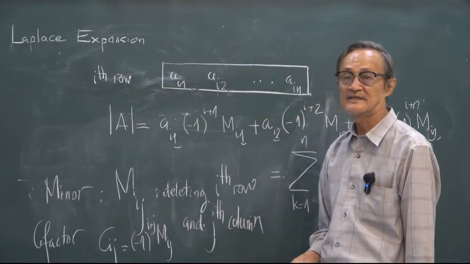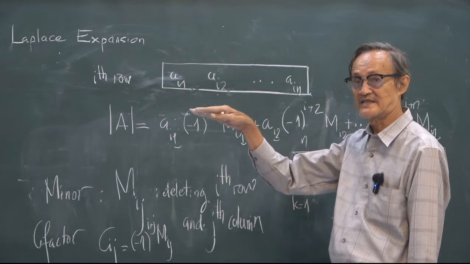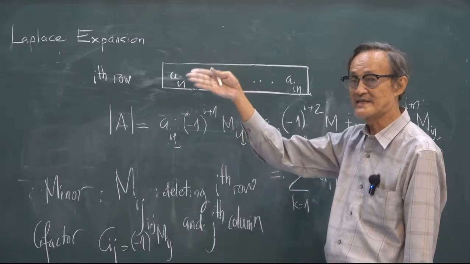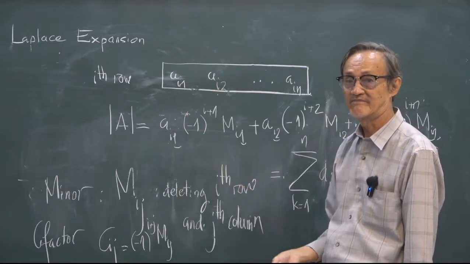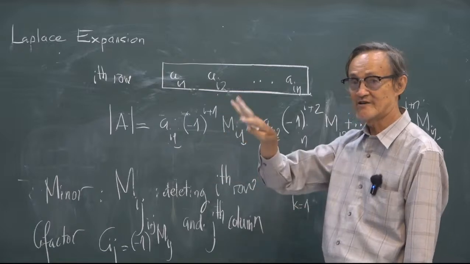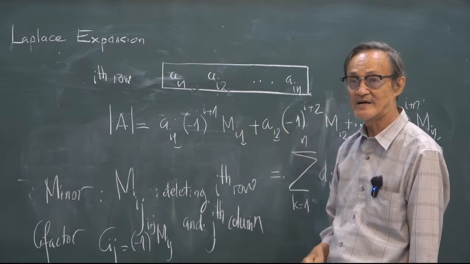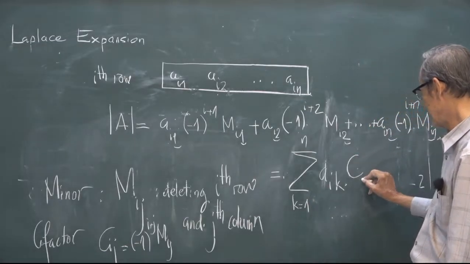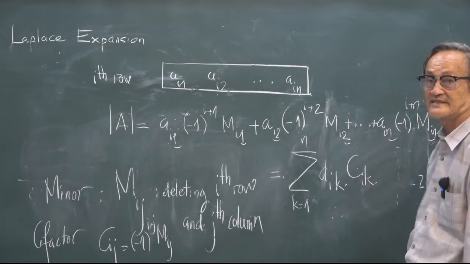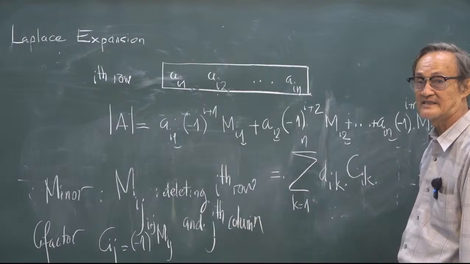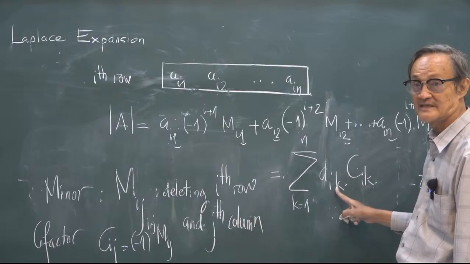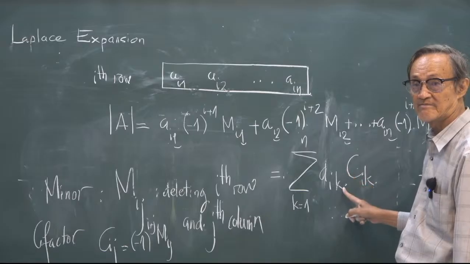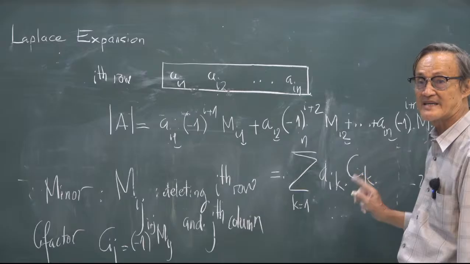Okay, M_ij, deleted row I, column J, cofactor, before we have the number minus sign. C_ik. Okay, element, number minus sign, and minus, delete.